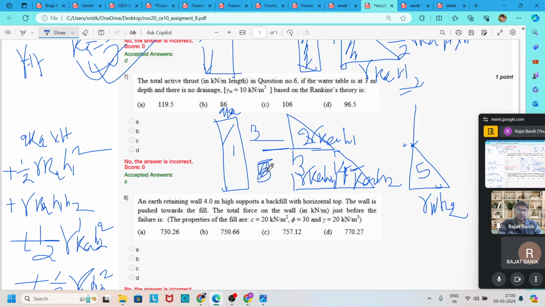It is 3 and 2, because the total height is 5. So I'm doing it again: 5 into 17 into 1 by 3 into 3 square, plus 17 into 1 by 3 into 3 into 2, plus 5 into 7 into 17.